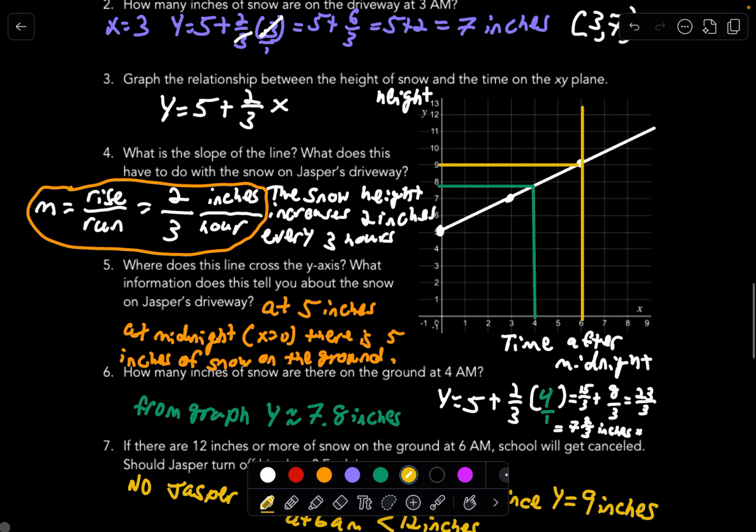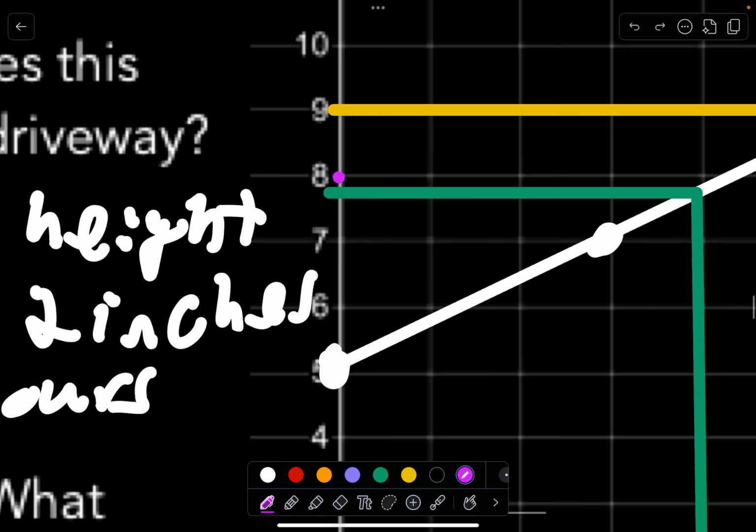So at what time will there be exactly 8 inches? Well, to do this, you can find 8 on the y-axis, which is right there. 8 is right here, and just go all the way out until you run into the line, which is right there.